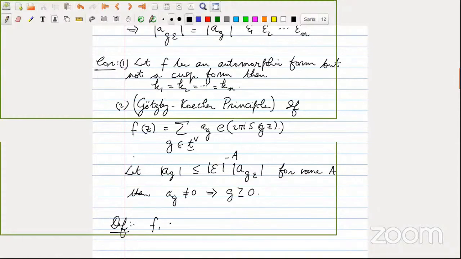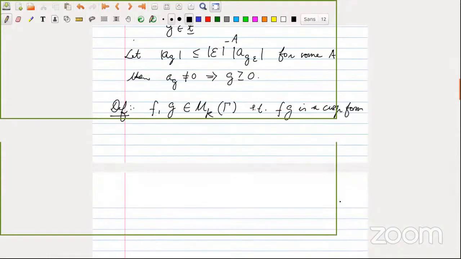Suppose I have f and g to be Hilbert modular forms of parallel weight k in Z^n, such that f times g is a cusp form.